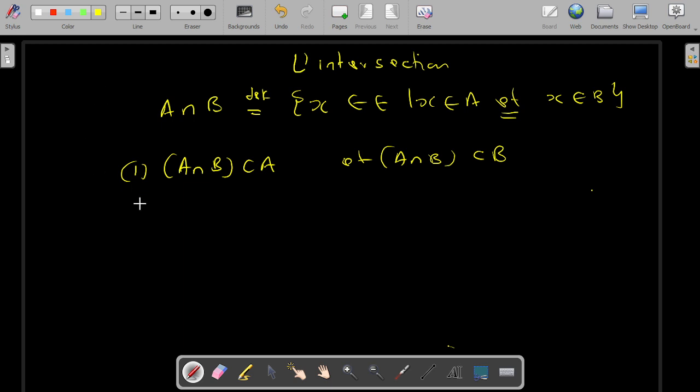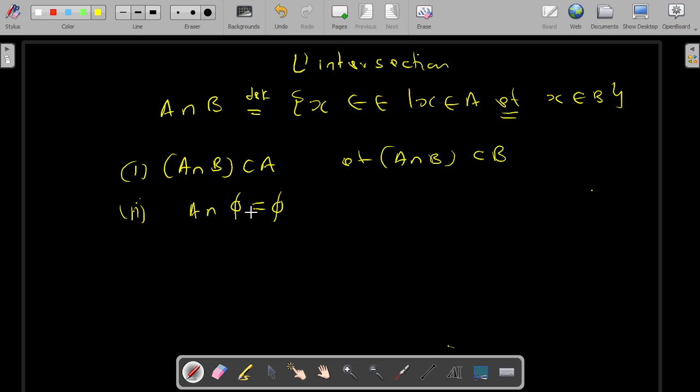Now the second property is that A intersection the empty set is actually going to be the empty set. Well, because the empty set has no elements, it has no members. So A and the empty set have no elements in common.